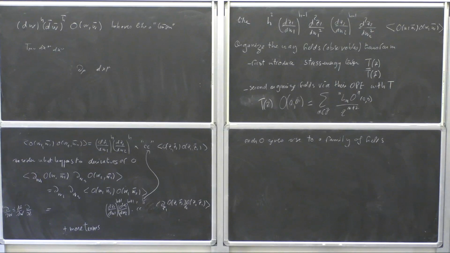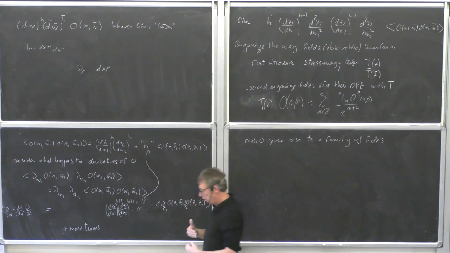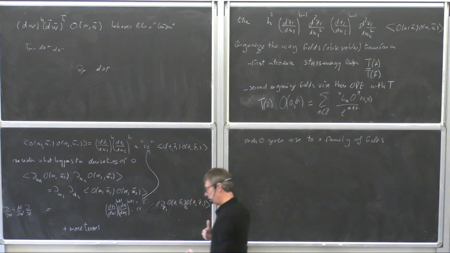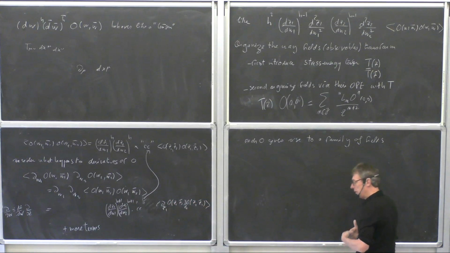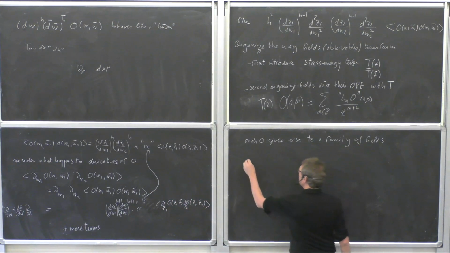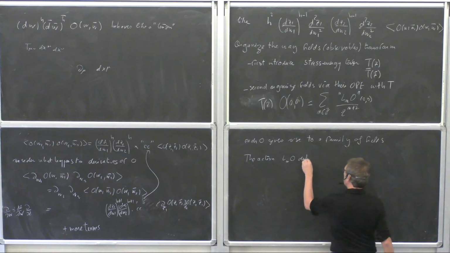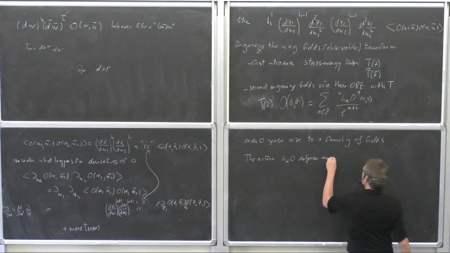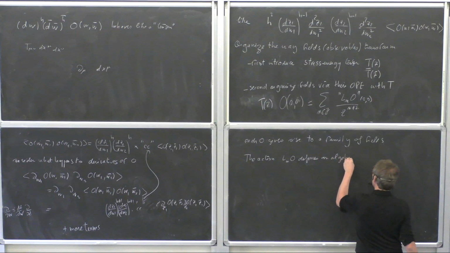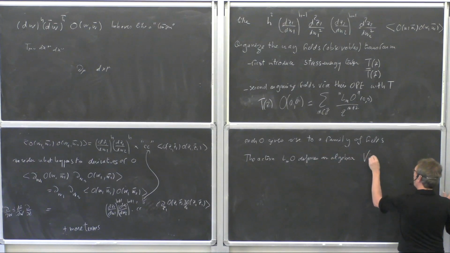And now it so happens that this operation of defining Ln of O defined in fact an algebra. So the action Ln O defines an algebra. And that's where this famous Virasoro algebra comes about.